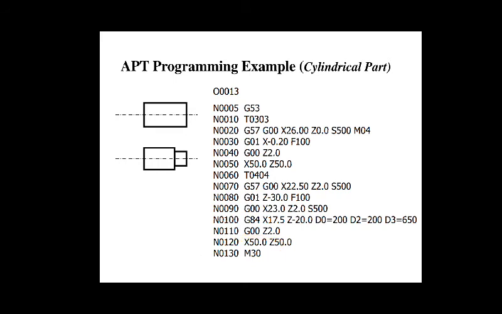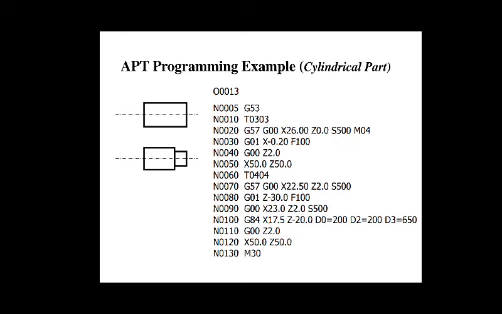Okay, I am going to tell you once again. I will just call out the numbers. First, that is O0013 for program identification, and next N0005, G53 is to cancel any previous working 0 point.